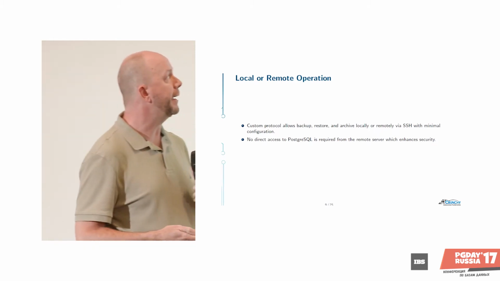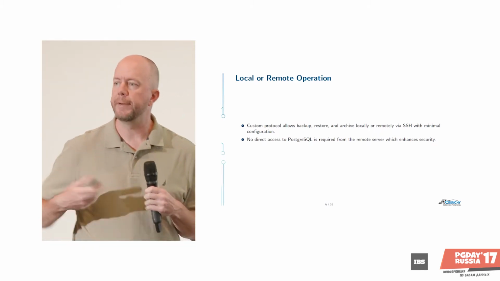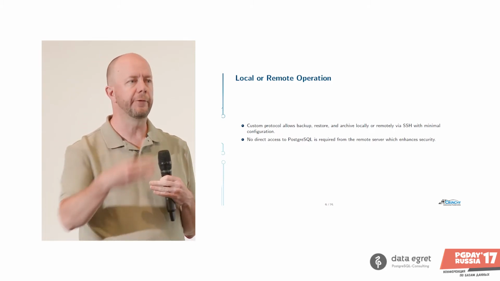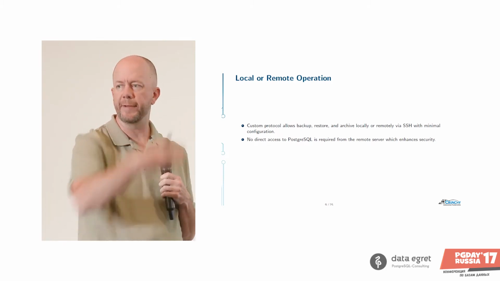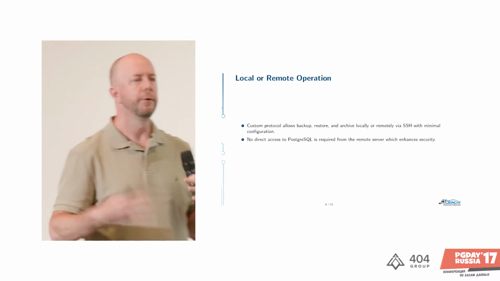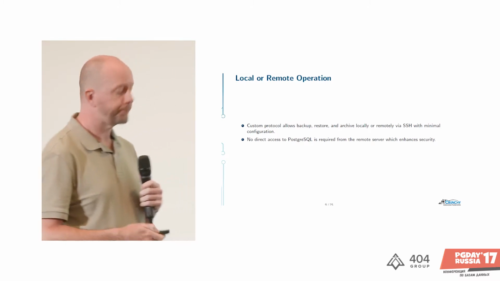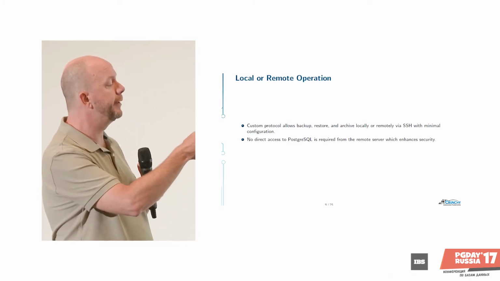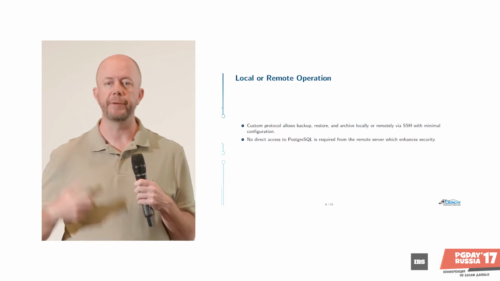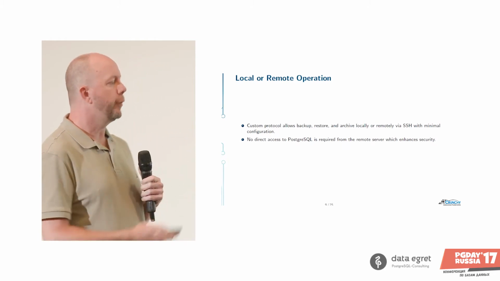You might be backing up to S3. So there are lots of different options to do local, remote, and combinations of those. You can actually have a backup server which is then moving stuff to S3, so you can centralize your configuration and your cron jobs and things like that. This is extremely flexible. There are lots of different ways you can configure it to get your backups in the place they need to be for maximum safety.